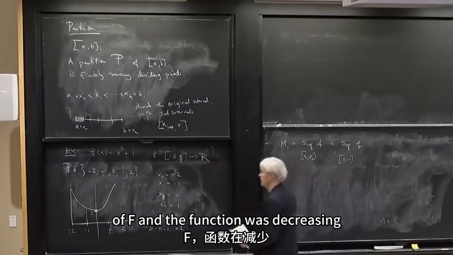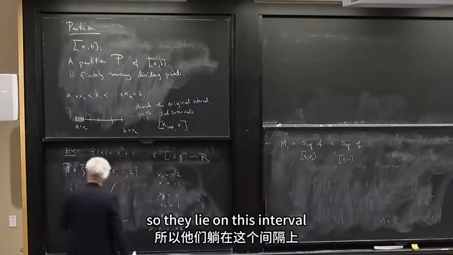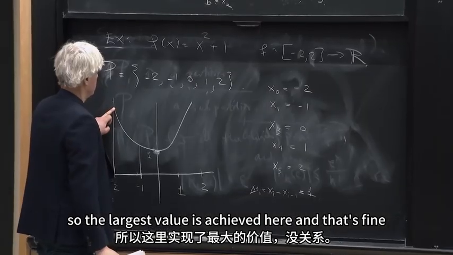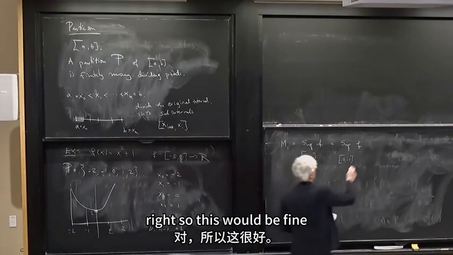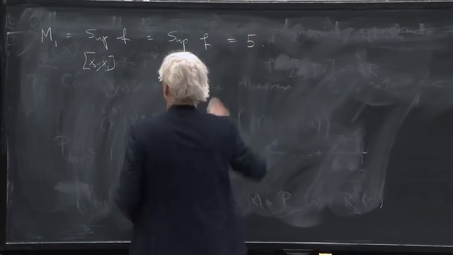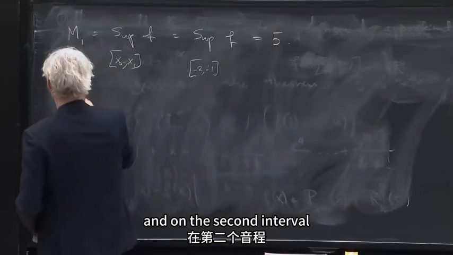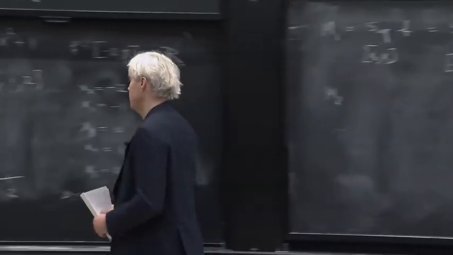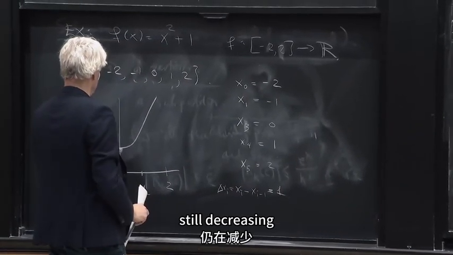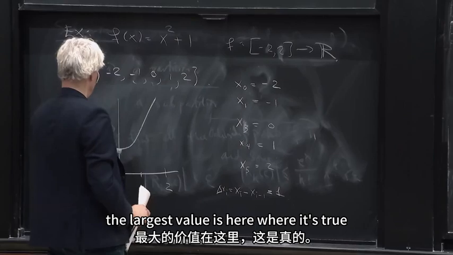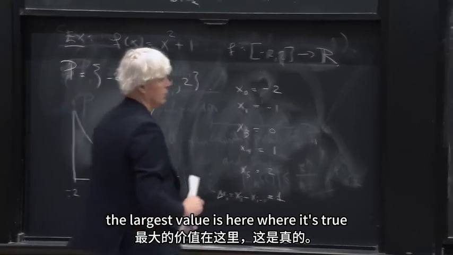The function is decreasing, so the largest value is achieved here, and that's 5. On the second interval, between -1 and 0, still decreasing, so the largest value is here, where it's 2.